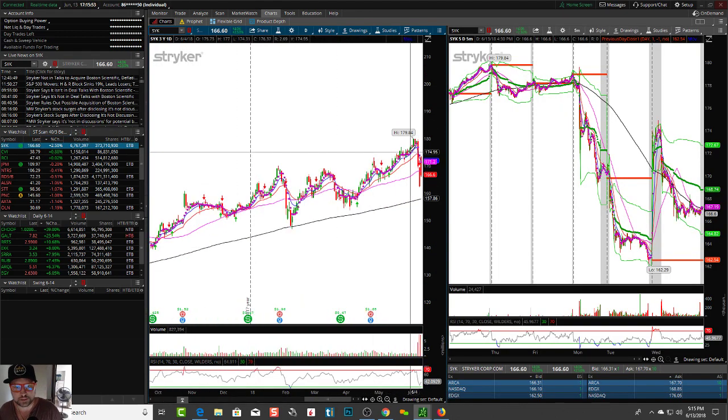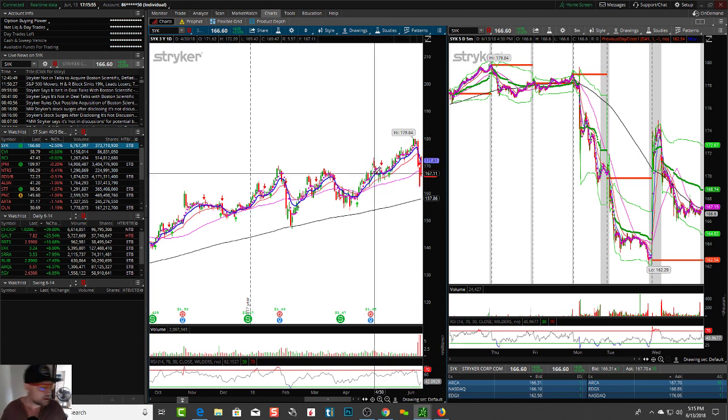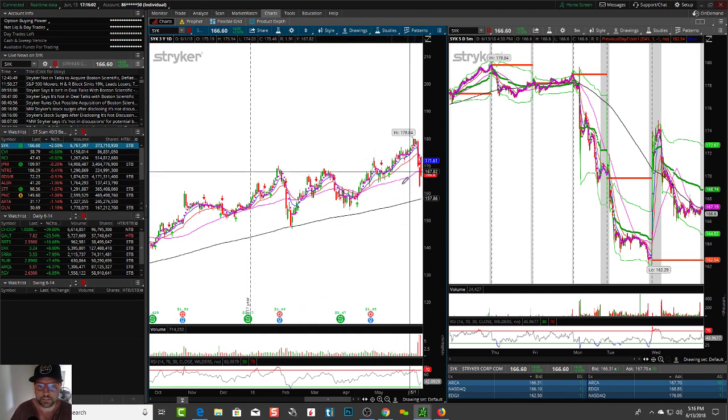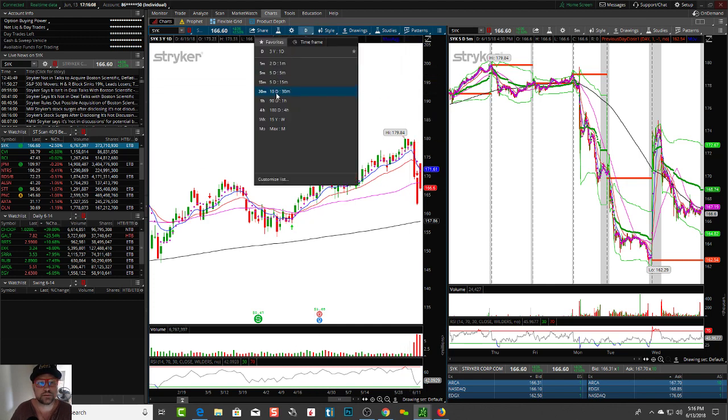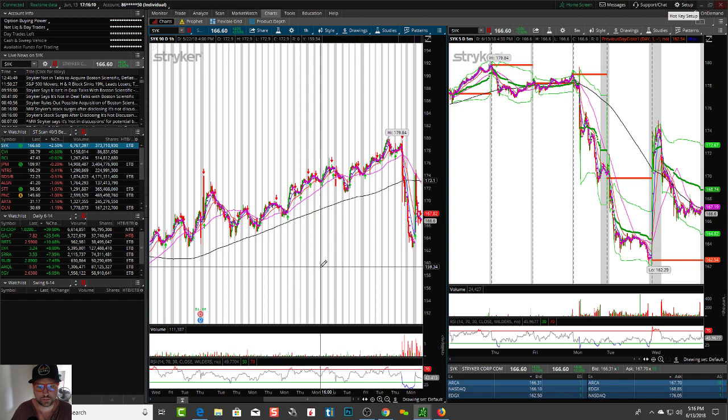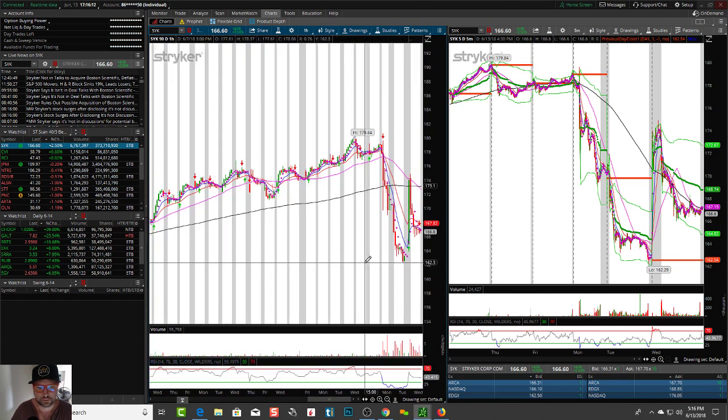So now you can see stuff like this. Now you can start to see more of something. It's kind of failing the moving average lines. Man, this is nuts. My goodness. Let's look at the hourly. You know, this has definitely got some room to fall. It's failing the moving average lines, getting really messy.